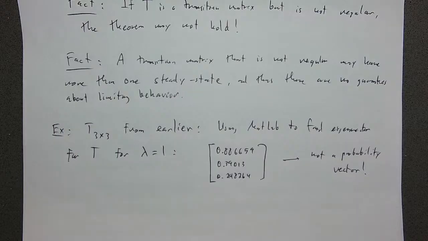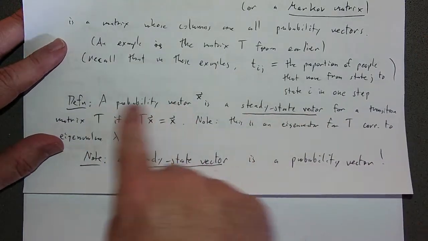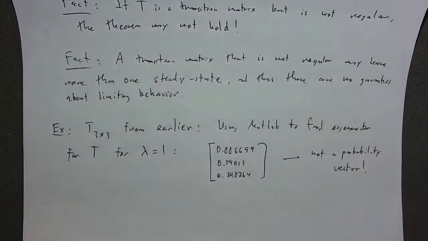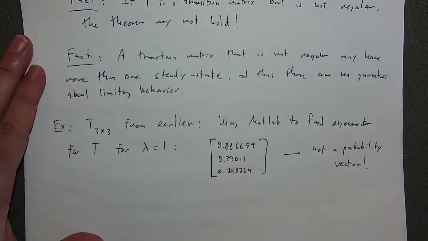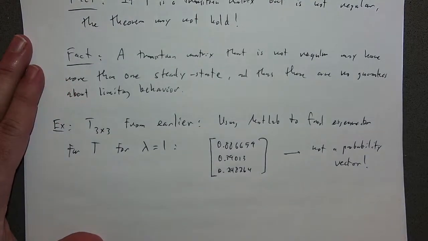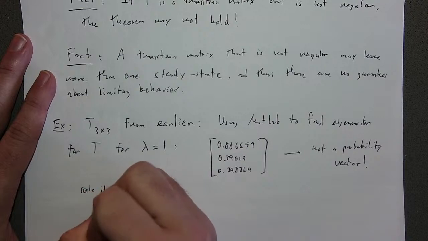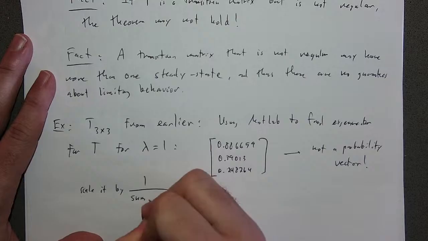And just to do this one more time, I'm sorry for repeating myself, but this is the point. A steady state vector has to be a probability vector, and I made a special note of that. So here, this not being a probability vector, it needs to be. So what do we do? Scale it by 1 over the sum of entries.